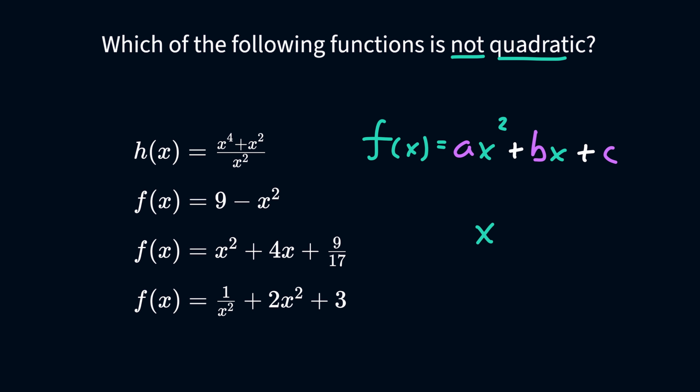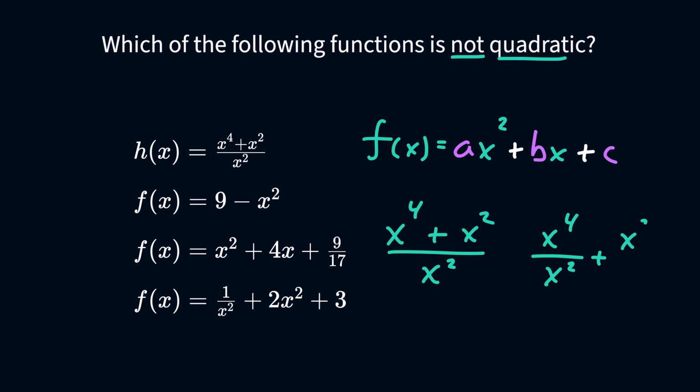So how would we do that? Well, over here, we would have x to the 4th plus x squared, all divided by x squared. Now, one of the rules of algebra is that if I have multiple terms in the numerator over a single denominator, I can break this fraction up into two smaller fractions. So I can write x to the 4th over x squared plus x squared over x squared.